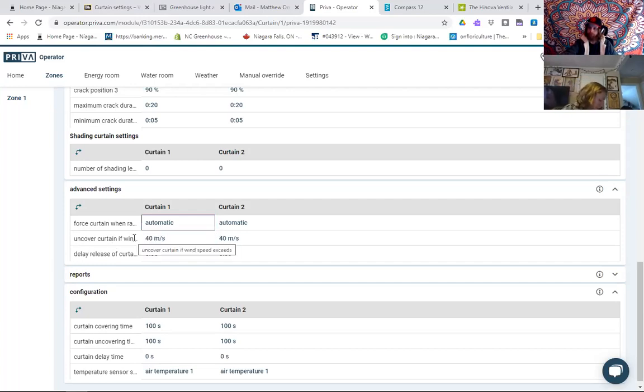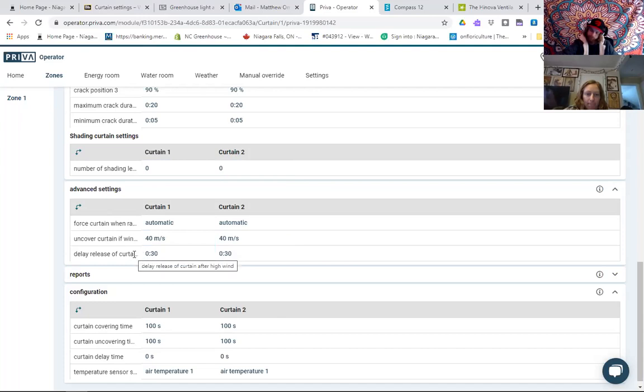So uncover the curtain if it's over 40 meters per second. If it's windy, you might want to uncover the crop, or uncover the curtain, to protect the curtain. And this one doesn't have a rain sensor. Okay, the other one does.